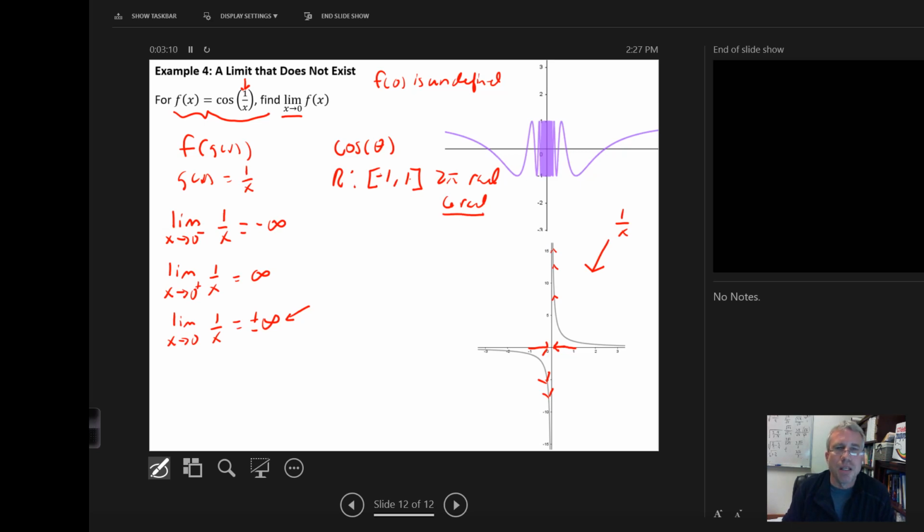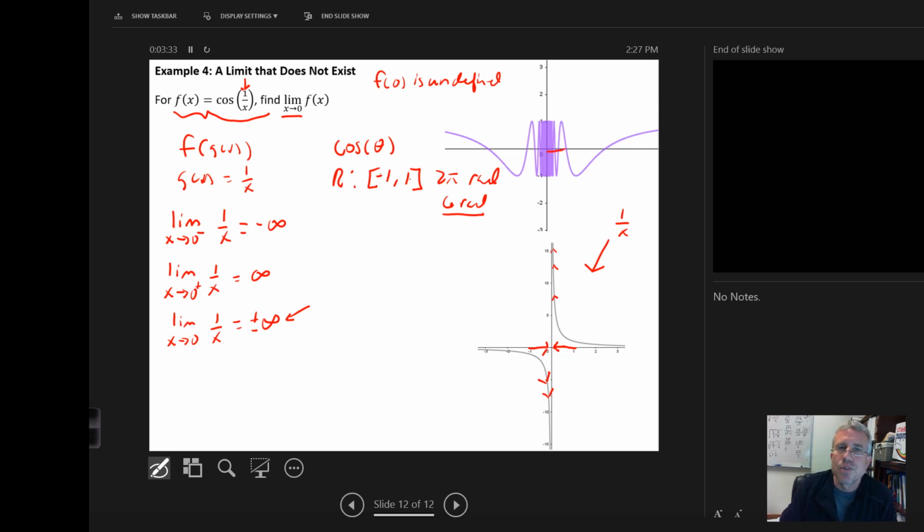Well, it's going to happen infinitely many times, and because 1 over x is sweeping up its vertical asymptote to infinity and sweeping down that vertical asymptote to negative infinity very rapidly, it's going to take on 6 radians faster and faster and faster. So that's what's going on here.